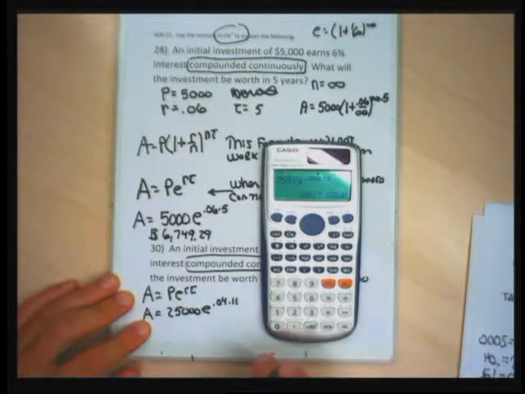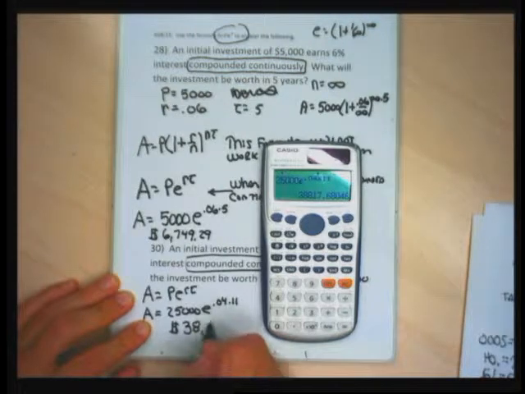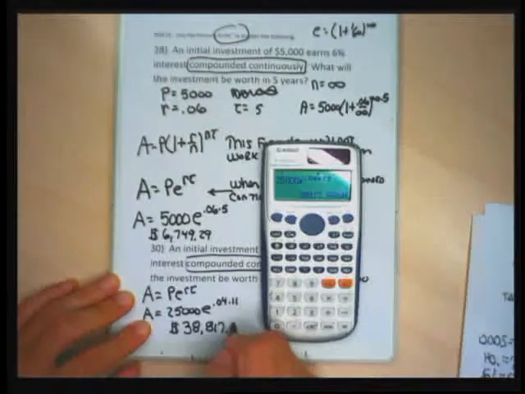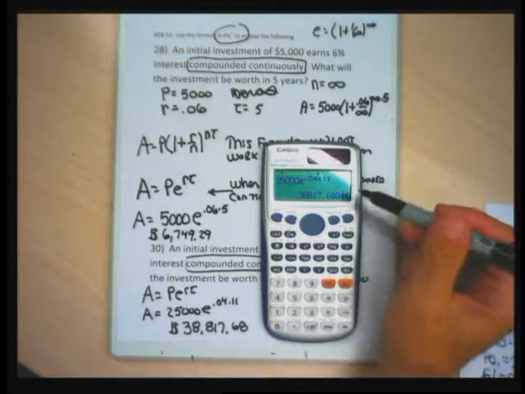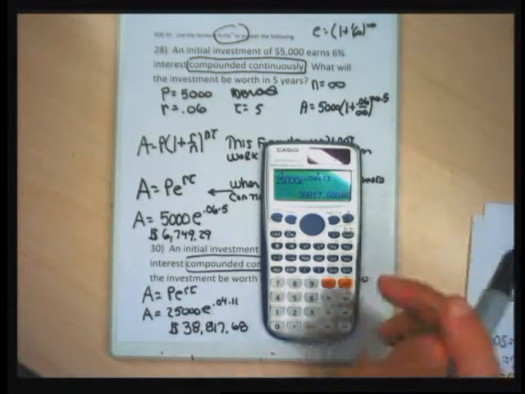I'm going to round to 2 decimal places. So I get, in 11 years, my $25,000 is going to go to $38,817, and I'm just going to round to 68 cents. It's a money problem, so I should round to 2 decimal places. And since the number after the 8 in the 3rd decimal place wasn't big enough, I didn't round up.